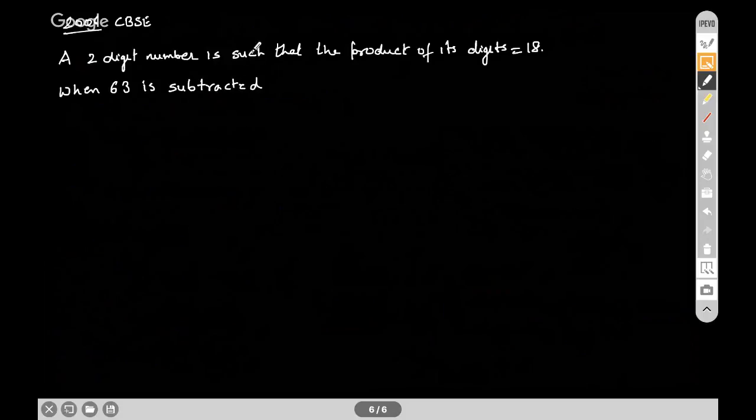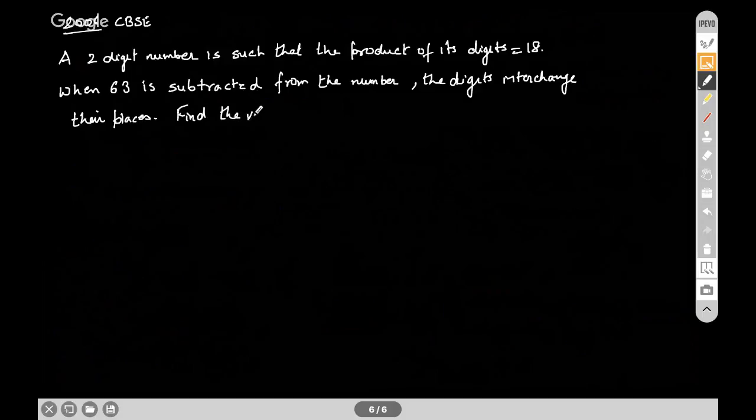When 63 is subtracted from the number, the digits interchange their places. So you have to find the number.